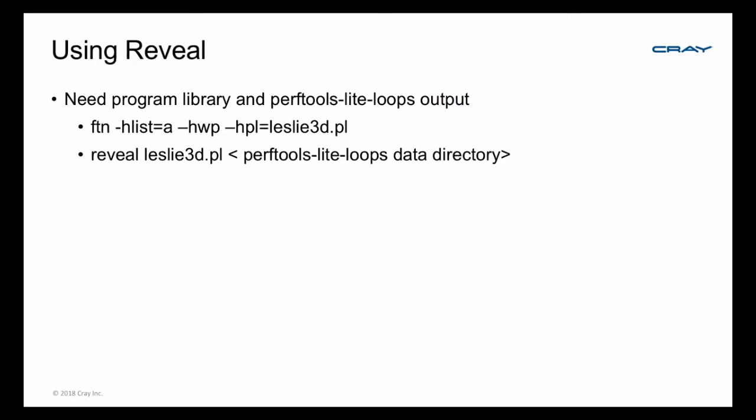I tried to put in all the commands that you needed to use so that you should be able to just pick this up and use it. The one thing, you cannot have Perftools-lite and Perftools-lite-loops loaded at the same time. So when you move from Perftools-lite to Perftools-lite-loops, you have to swap those, do a module swap.